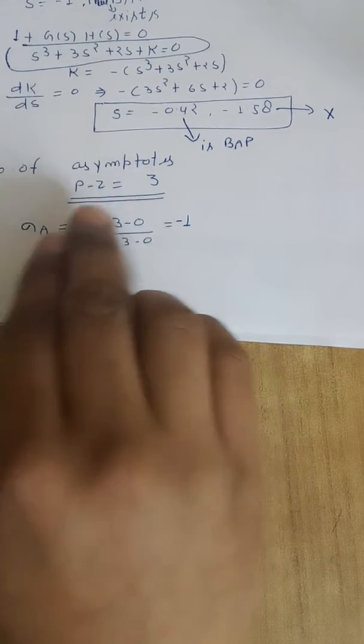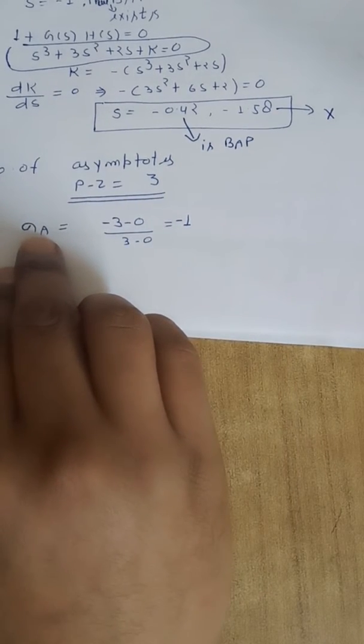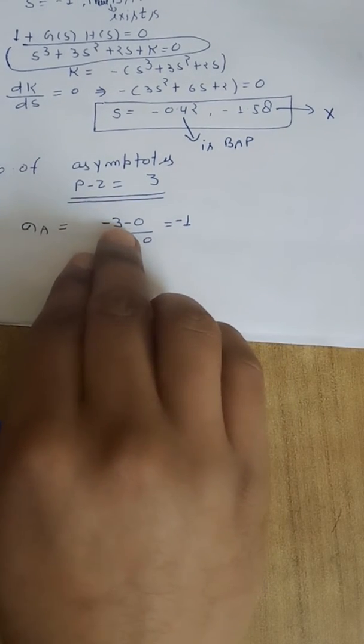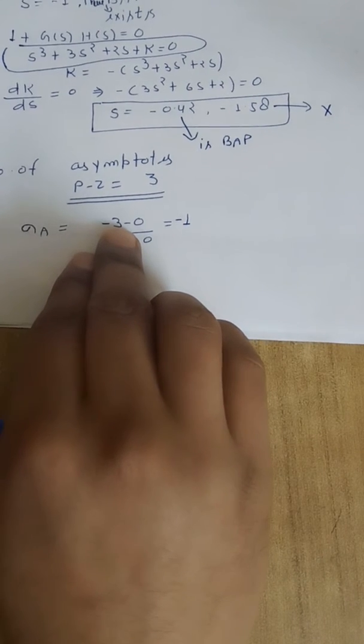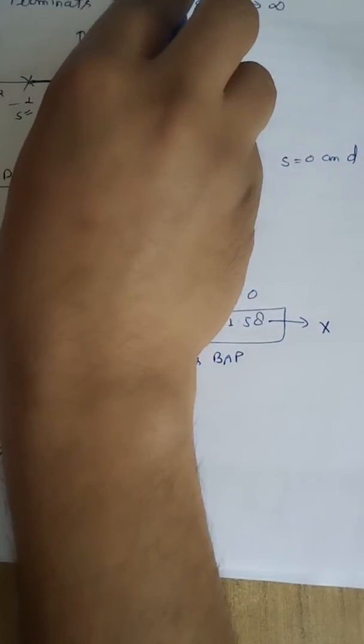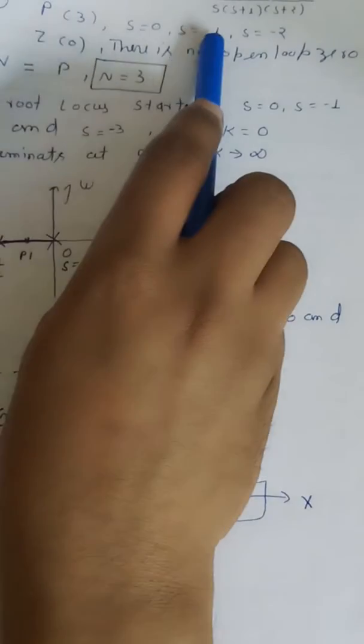Now let us calculate the centroid with the help of the formula. Sum of real parts of poles of the open loop transfer function means 0, minus 1, minus 2.